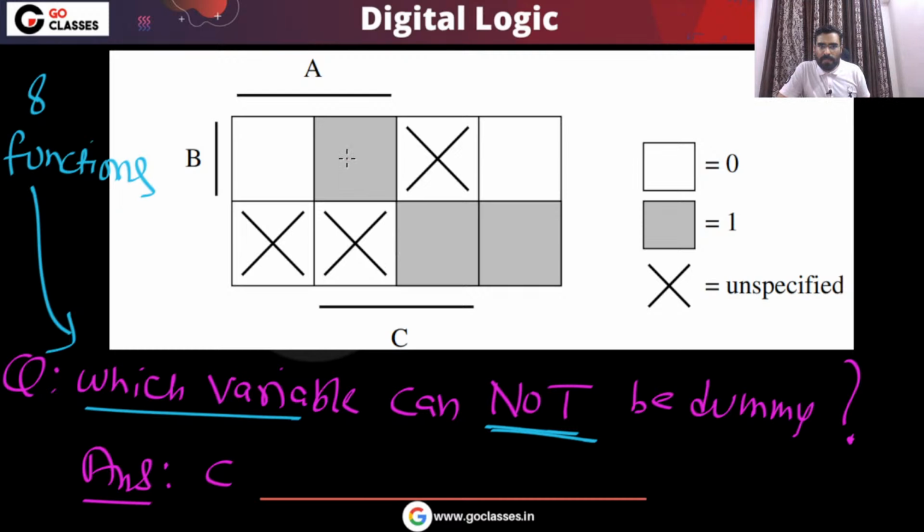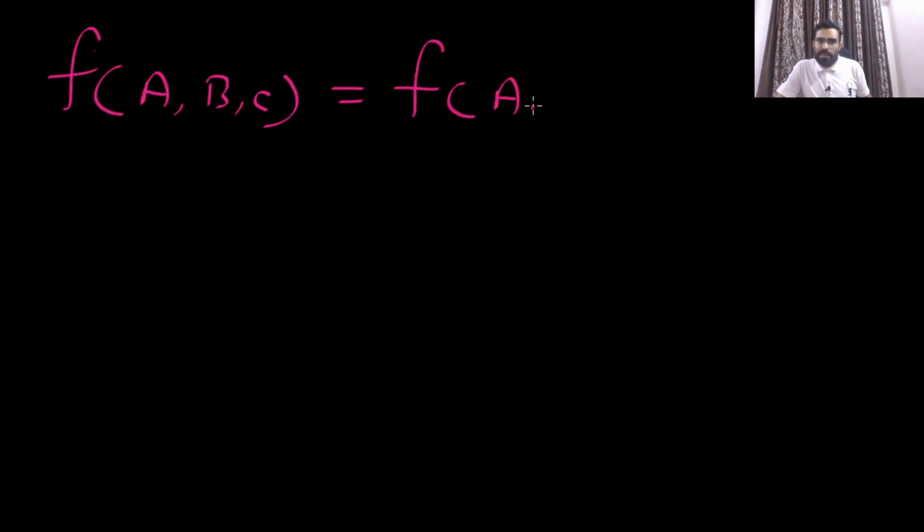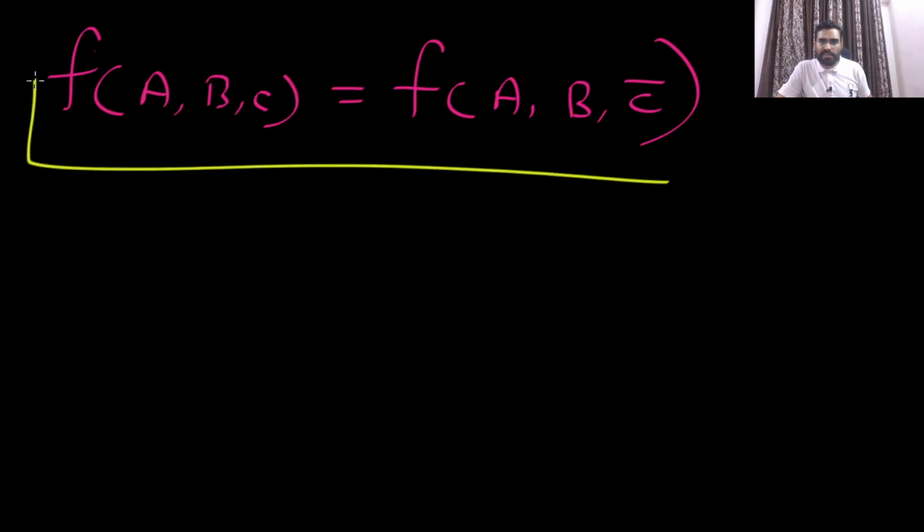Because if you notice, if you keep everything as it is and just change the variable c, can I say ABC and ABC bar? If you change the variable c, then you can notice this will not happen. This is not true.